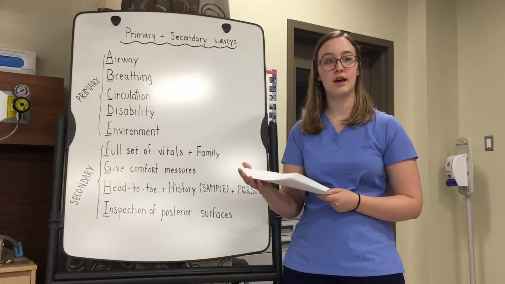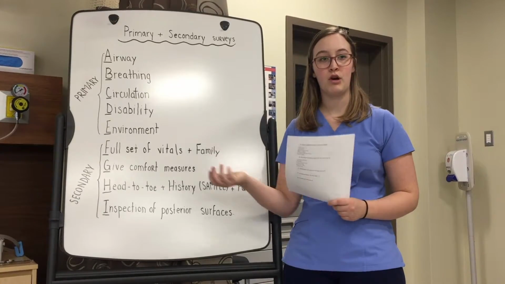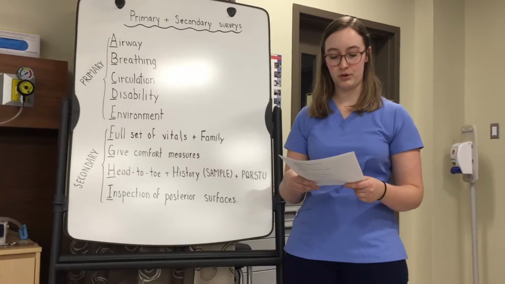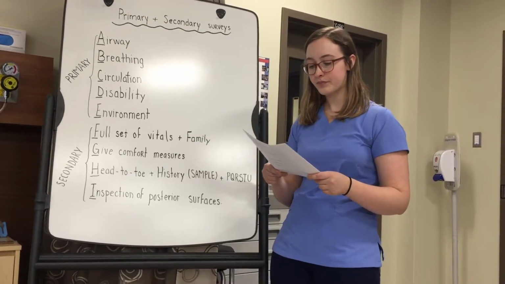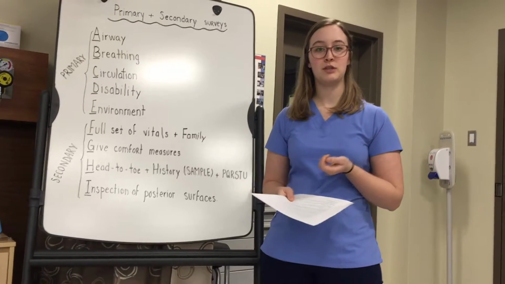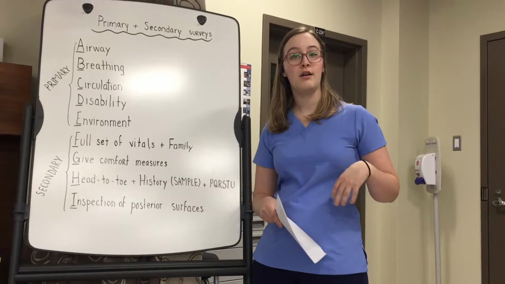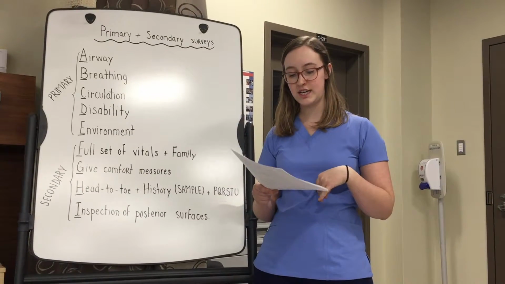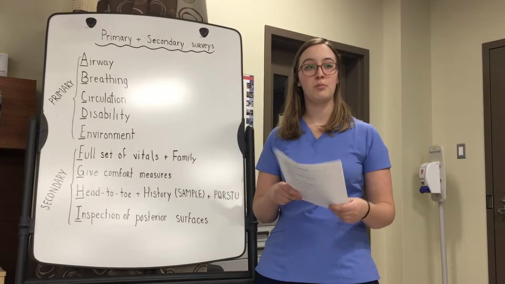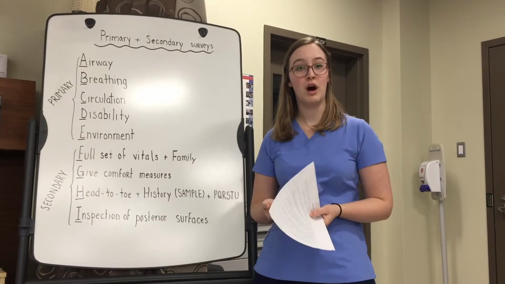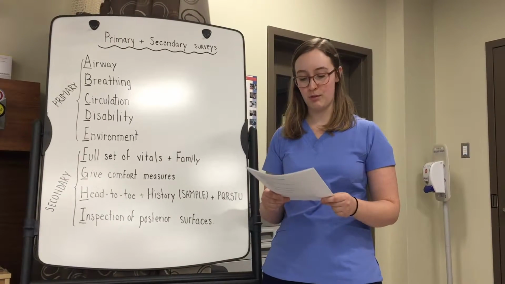So interventions that we would implement for our gentleman with the open pneumothorax. Since he presents with asymmetrical chest movement, edema on the chest wall, and has a visible open wound on his chest, you want to provide ventilation with high flow oxygen and a non-rebreather mask.